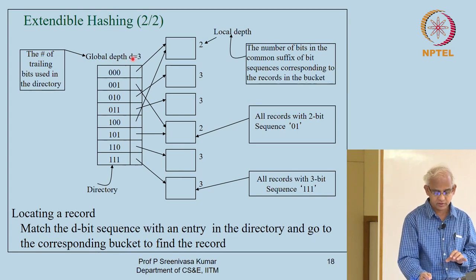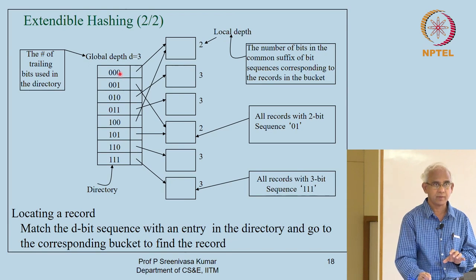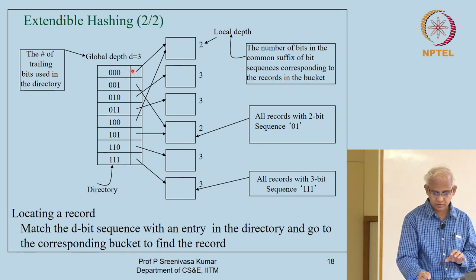The global depth is the number of trailing bits that we are currently making use of. Let us say d equals 3, then all the 3-bit sequences are present in the directory, and the directory structure is like this.